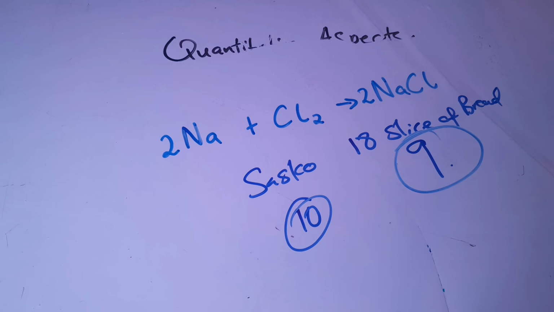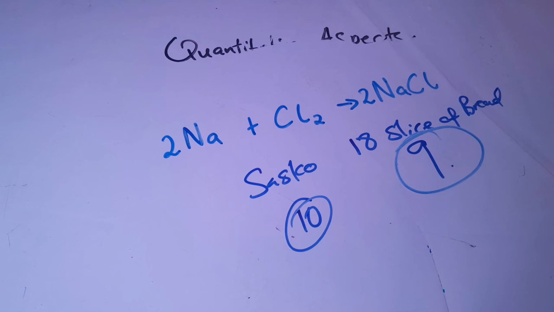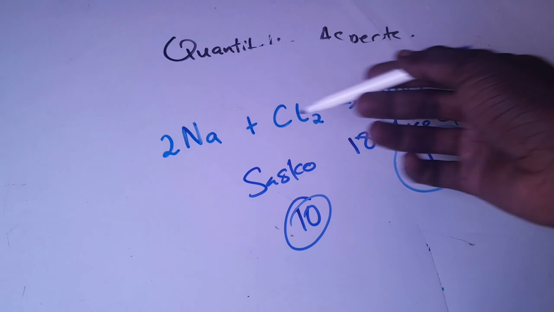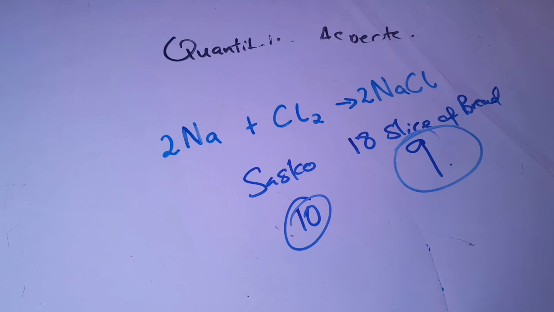Now, what happens if I'm having 10 slices of cheese and 18 slices of bread? How many sandwiches am I going to create? 9. But I'm going to have 1 leftover cheese. So what can I say now about cheese and the slices of bread?